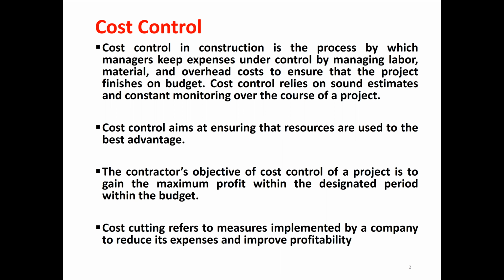But generally for a consultant or for the owner, we have to utilize the resources, whether they are labor or material or other equipment, all the resources in the best way so that we can maximize the advantages of the project. Cost cutting refers to measures implemented by a company to reduce its expenses and improve profitability.